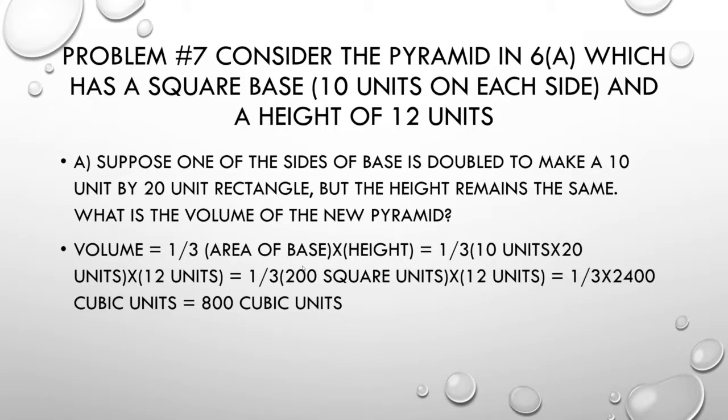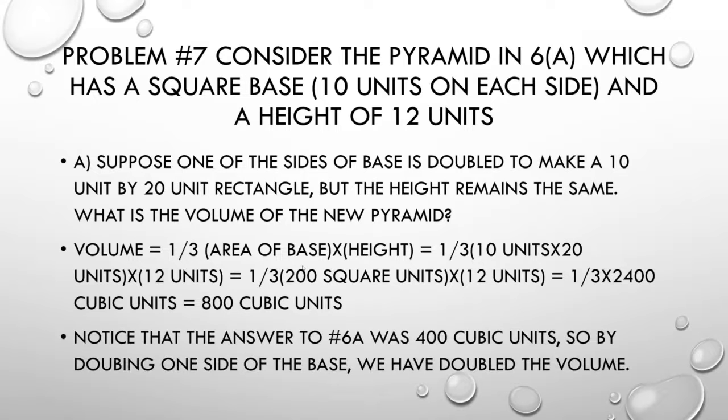This gives us 1/3 times 200 square units times 12 units. And so we got 1/3 times 2,400 cubic units, and that makes 800 cubic units. So notice that the answer to problem number 6A was 400 cubic units. So by doubling one side of the base, we've doubled the volume.